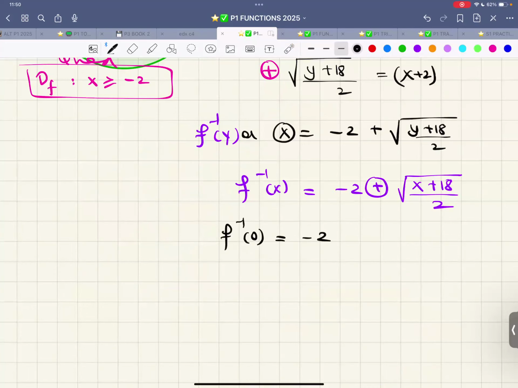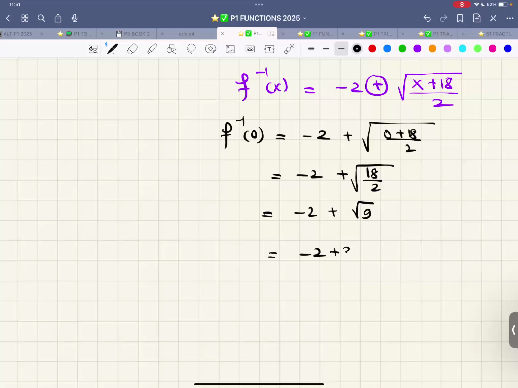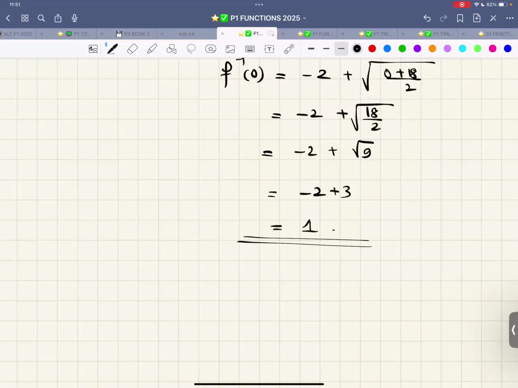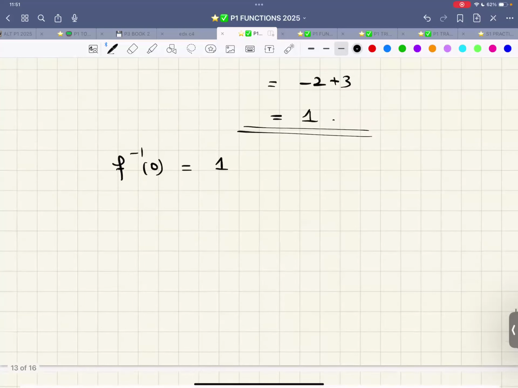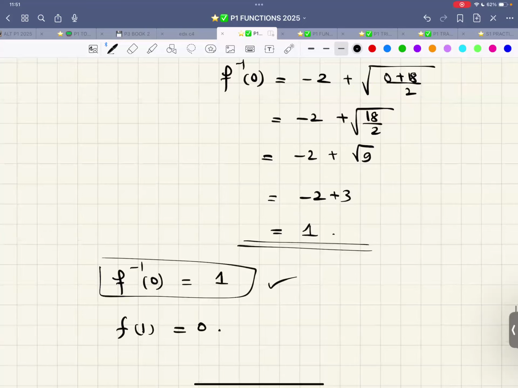So that is minus 2 plus square root of (0 plus 18) divided by 2. That is minus 2 plus root of 18 over 2, that is minus 2 plus root 9. That is minus 2 plus 3, which comes out to be positive 1, which makes sense. That means if I plug in 0, it should give me 1. In other words, if I would have plugged in 1, it would give me 0 in the original function.